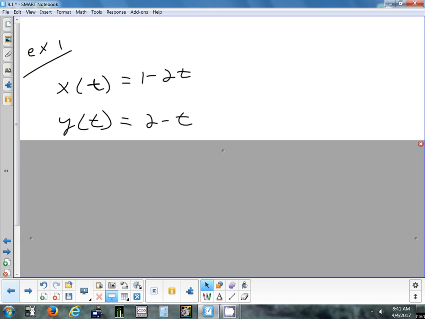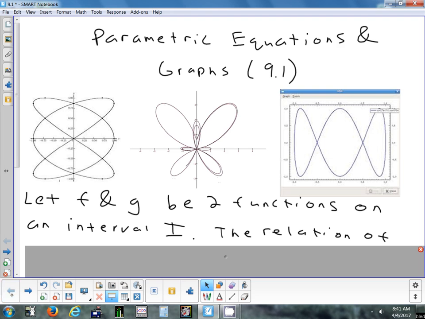So it's kind of like you take y equals mx plus b form, and you split it into two pieces. Each piece separately determines what happens to the x's, and what happens to the y's.